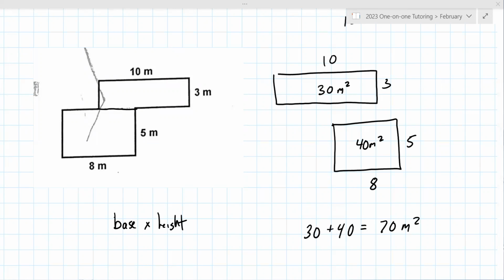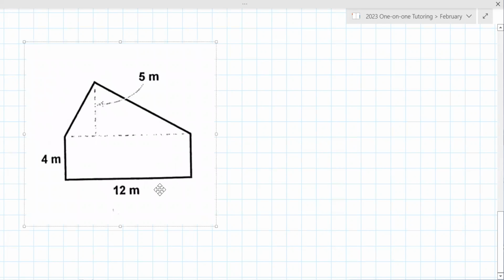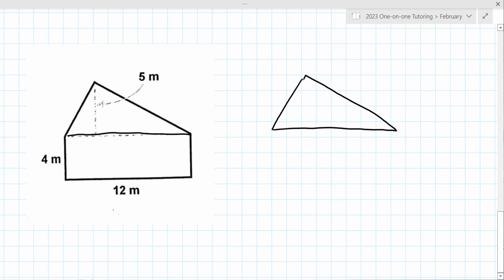All right. So, last composite on this page. This one looks more challenging than the other one. It kind of is. There are three triangles, but you actually only want to draw this top one, because it has a base of 12.